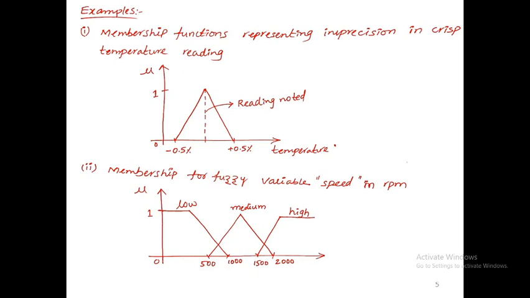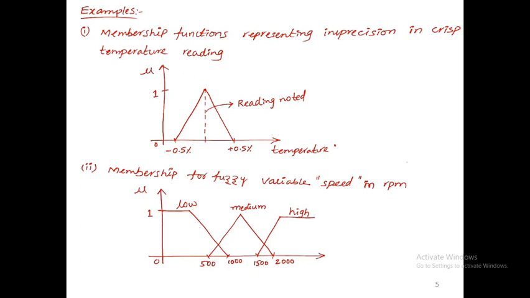If it is less, the membership value will vary as the temperature varies from 0 to minus 0.5 percentage, and the membership value will change from 1 to 0. In a similar way, from the accurate reading x to x plus 0.5 percentage of x, the membership value will change from 1 to 0.